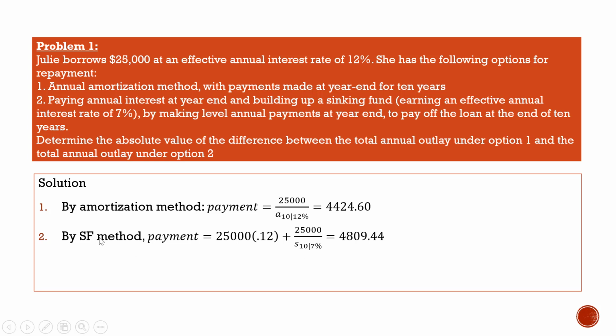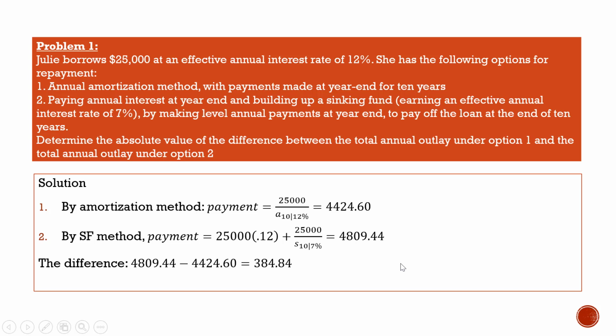So under the SF method, the annual payment is 4,809.44. Here, the annual payment under the amortization method is different from the SF method because under the SF method we use different rates for the interest and for the sinking fund.